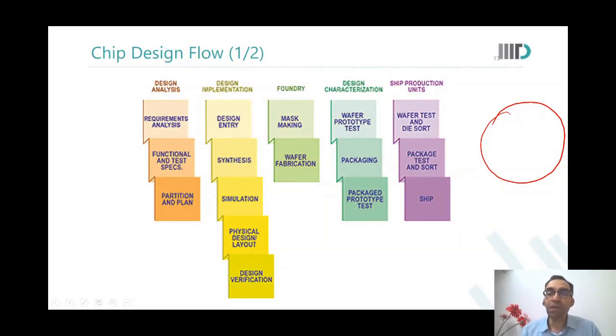But Gagandeep, if I'm shipping dies only, then I don't need to package them. Something that has already been packaged will not be wafer tested and die sorted. It will only be package tested and sorted. Something being shipped as a wafer will be wafer tested and die sorted. So it is about what I am going to ship.